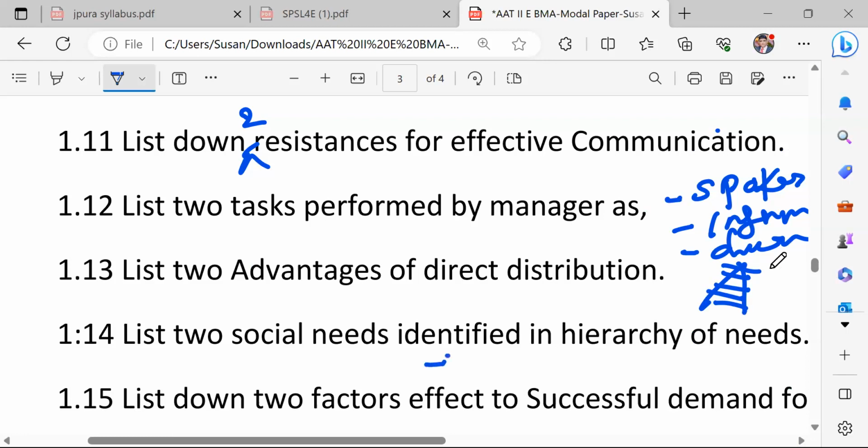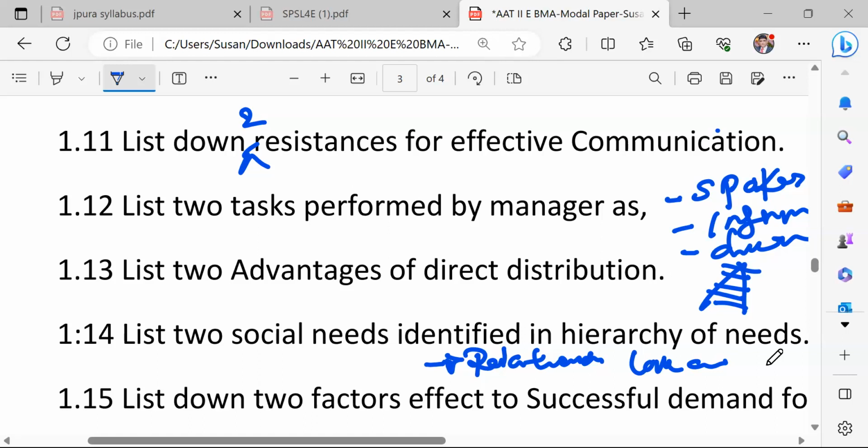Under social needs, what are they expecting? They are expecting relationships, love and caring, and recognition in the society, right?